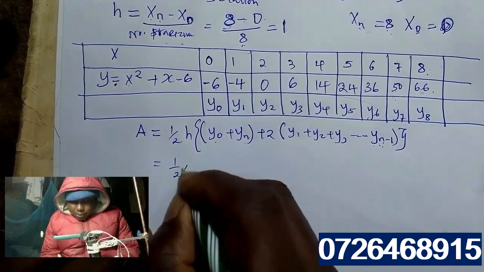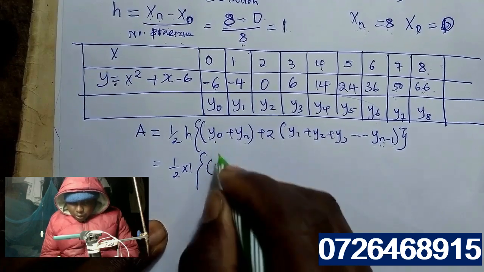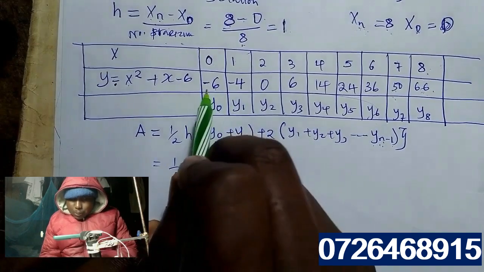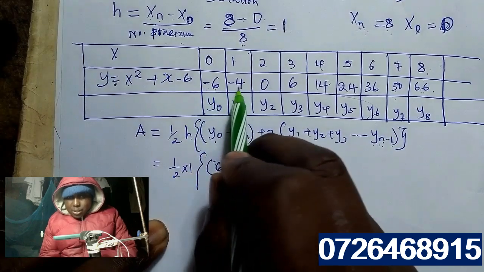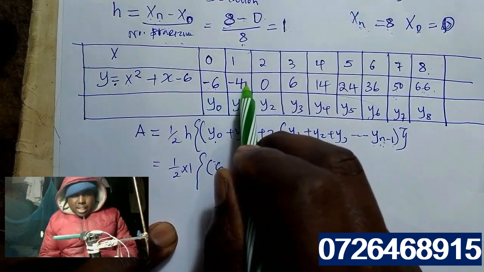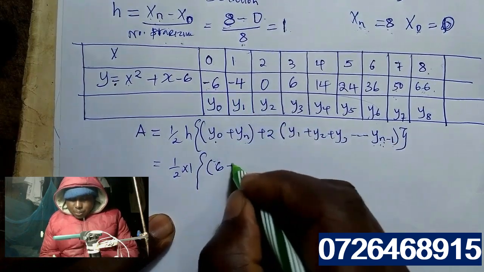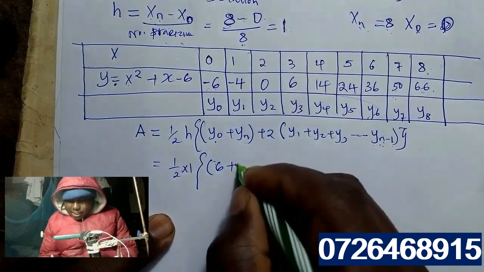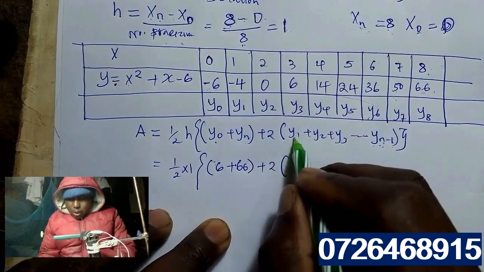This is a half times 1, open the big bracket, y naught is 6. Now when you are putting the numbers inside the formula, don't put the negative. Assume the negative because area cannot be negative. Therefore, you assume the negative. Plus 4? Plus the last one is 66. You close, plus 2 into y1.